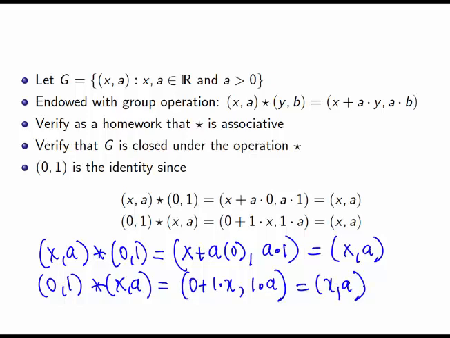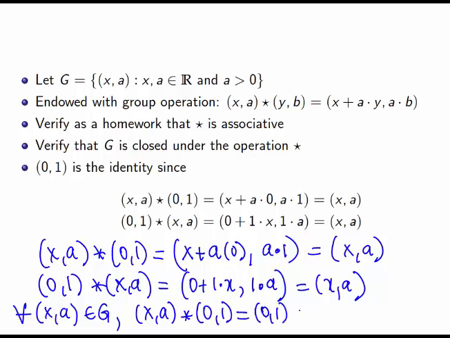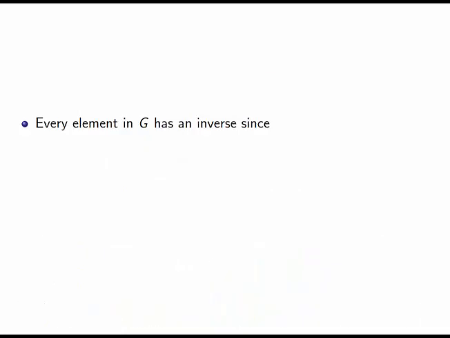So for every (x, a) in G, (x, a) combined with (0, 1) is (0, 1) combined with (x, a), and that's the ordered pair (x, a). So the element (0, 1) is an identity.